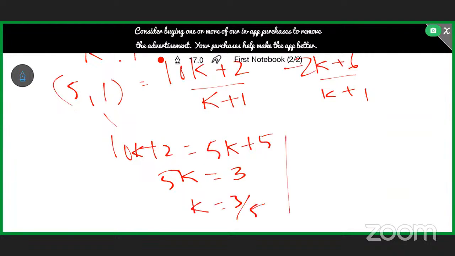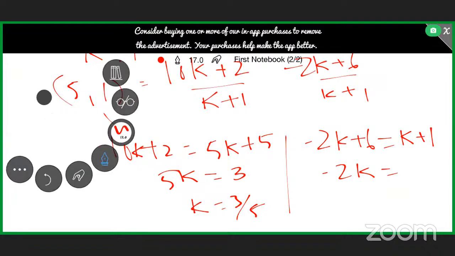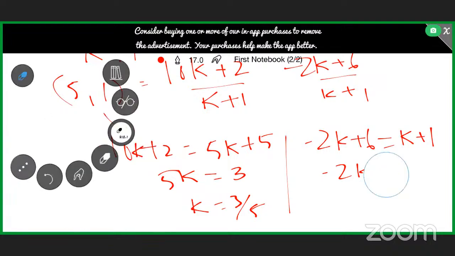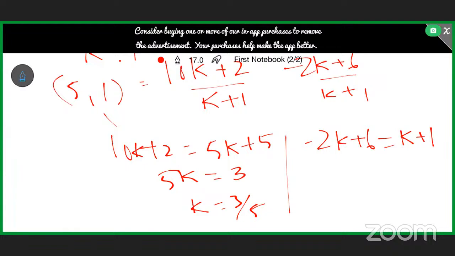For another equation, what happens? -2K + 6 is equal to K + 1. I'll send this K this side, and this one to the other side. So it becomes 3K is equal to 5, K is equal to 5 by 3.